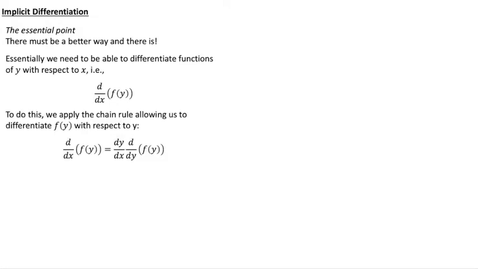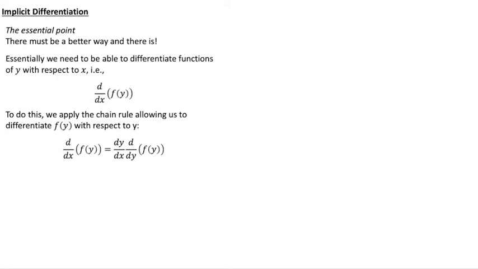And to do this, we apply the chain rule. So we've got d by dx of f of y, but by the chain rule we can replace d by dx by dy by dx times d by dy, and then we have our f of y there.